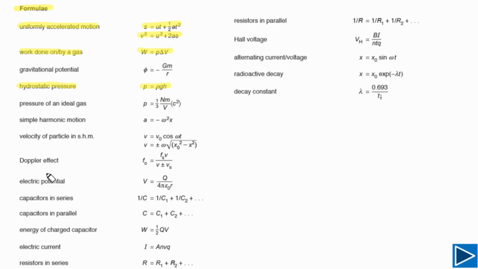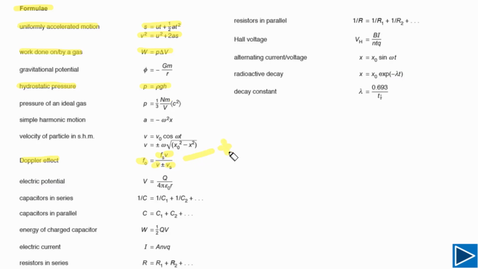The next one you need for AS Physics will be the Doppler effect, and this is when the source is moving and the observer is at rest. This is the observed frequency and this is the frequency of the source, and v is the speed of sound in air, and vs is the speed of the source. You also need to understand when to use the positive sign.